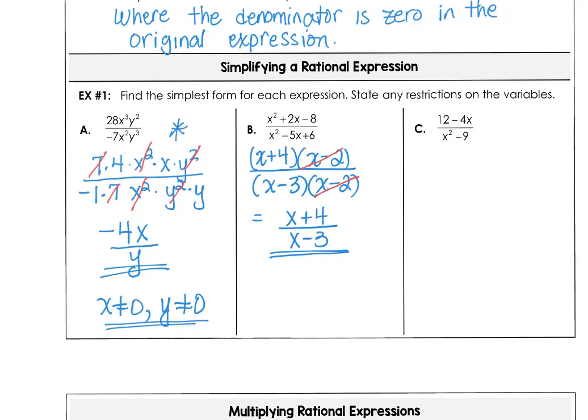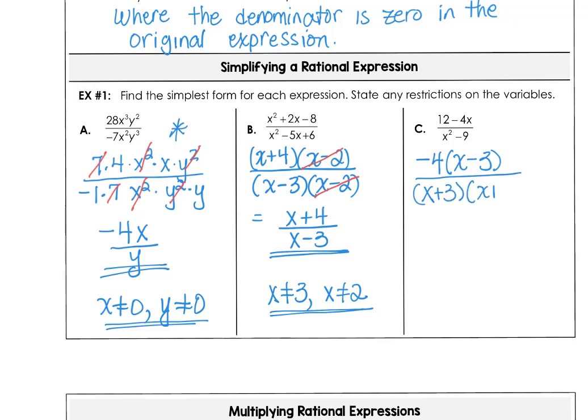And then the restrictions come from the original problem. I'm looking here. So we have restrictions at +3 and +2. So those are our restrictions. And then our last example with 12 minus 4x. If we factor out a -4, that leaves us with x minus 3 in the numerator. And the denominator is the difference of 2 squares, x plus 3 and x minus 3.